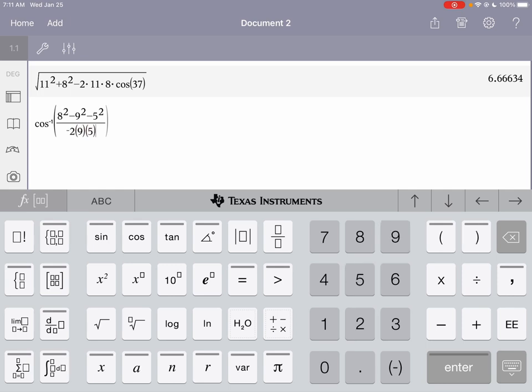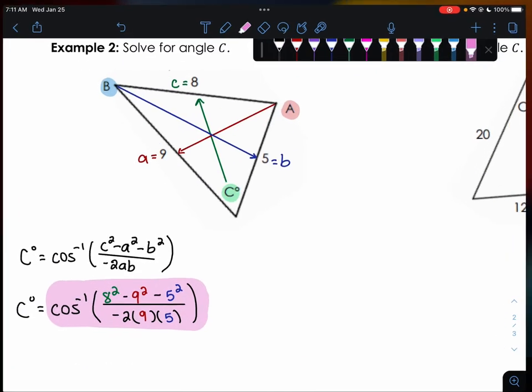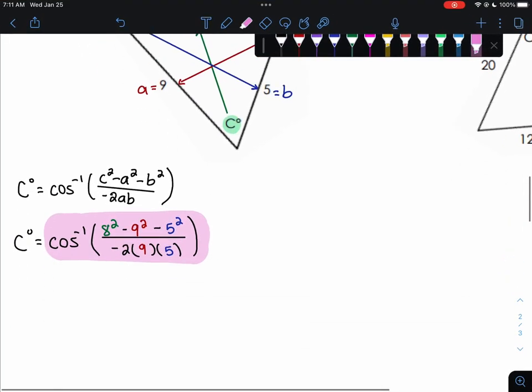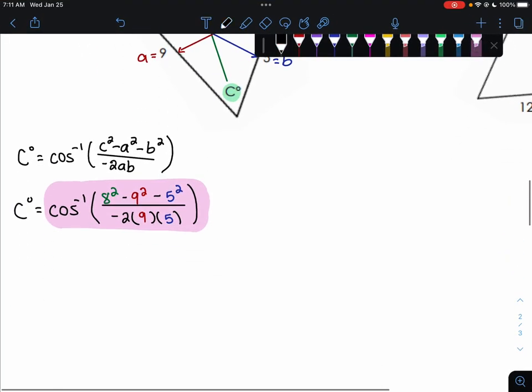It should look like this when you type it in. When you press enter, you get 62.1819, so it's just going to be 62.18 degrees. And it's an angle, so I'm going to give it the little degree symbol.